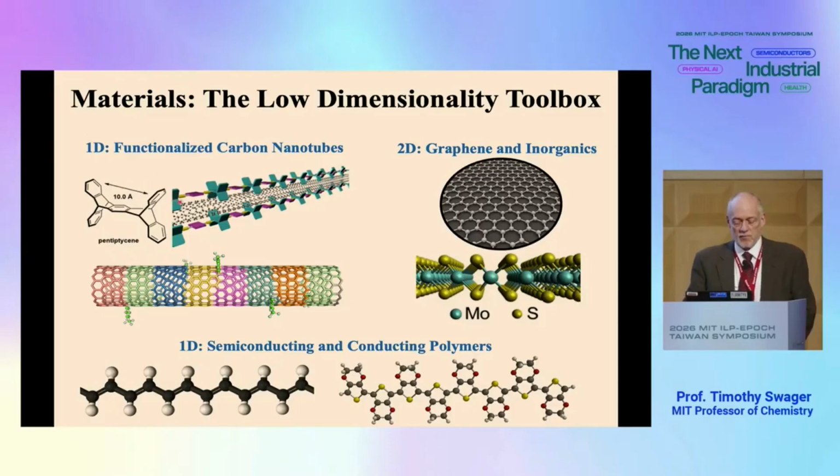We sometimes functionalize them by sticking things to them in non-covalent networks, or sometimes doing sidewall chemistry on them. Each band here is 100 carbon atoms, so sometimes we talk about how many groups we put on for every 100 carbon atoms when we do these functionalizations. We also work with graphene and other two-dimensional materials. I won't tell you about those today, as well as conducting polymers.